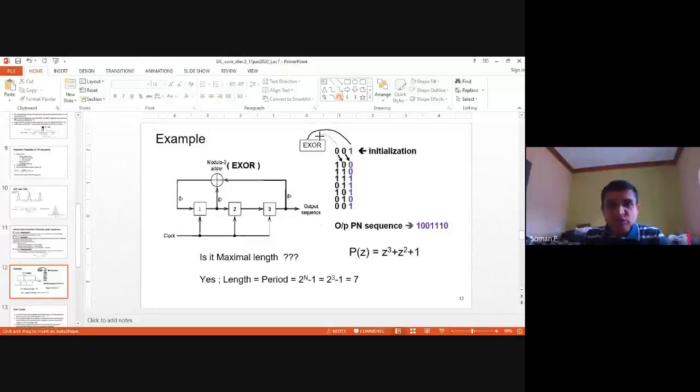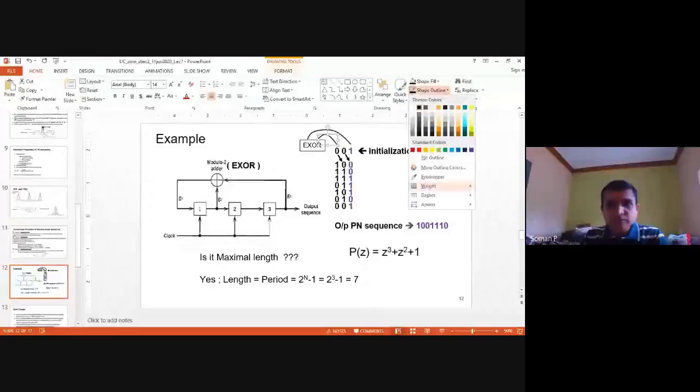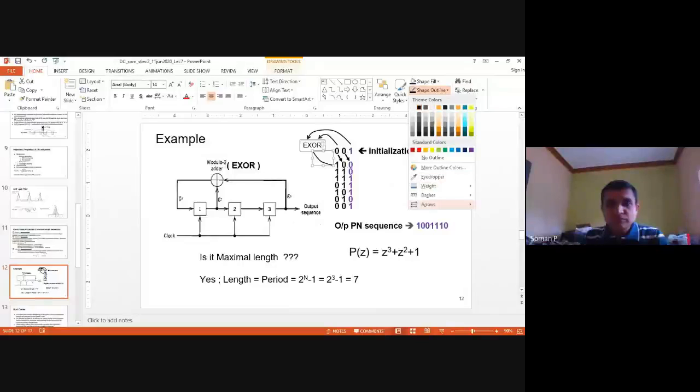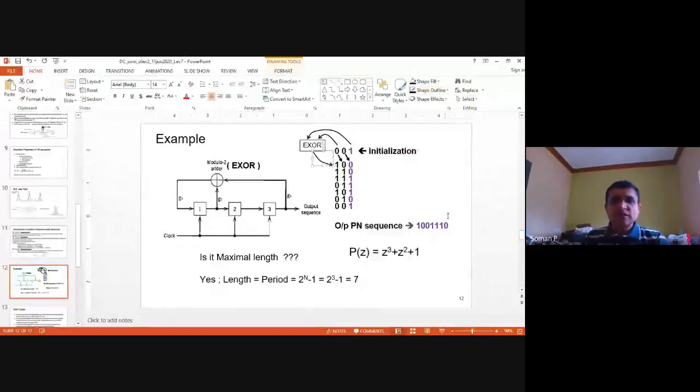So these are the two inputs, and this is the output.